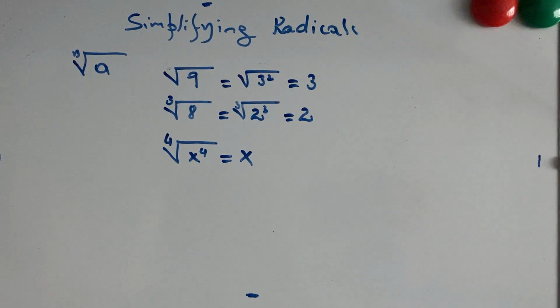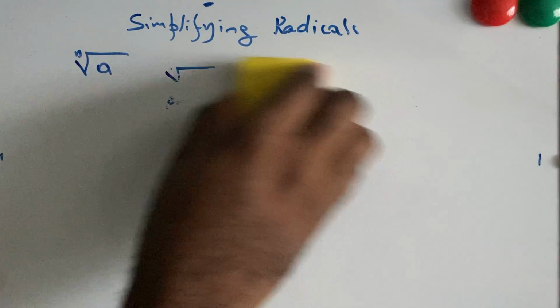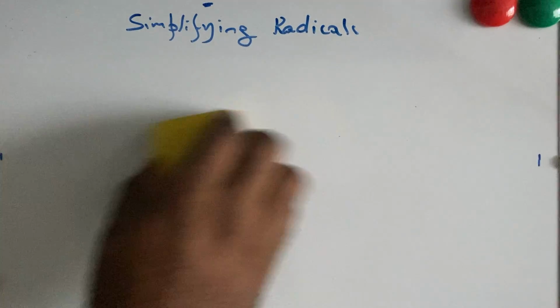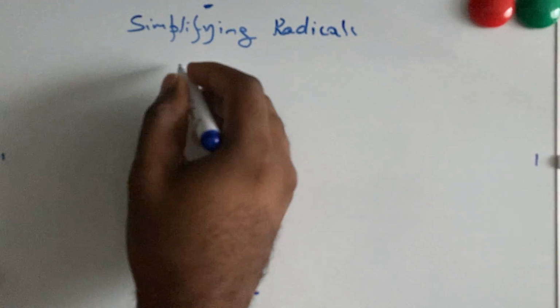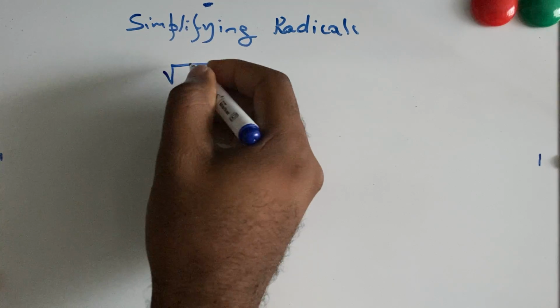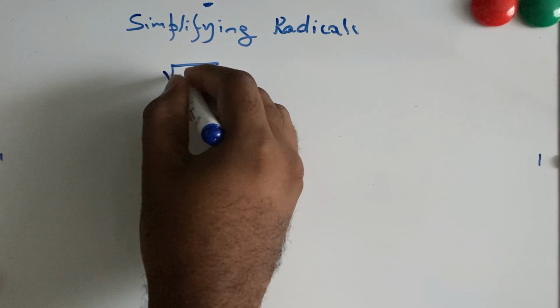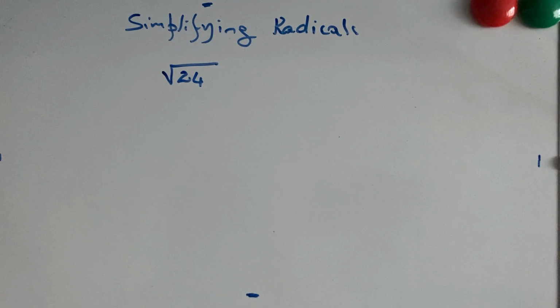Now also, it won't always be that easy. You may see that the number you have there is not possible to get what you need. So for example, if you have the square root of a number like 24.